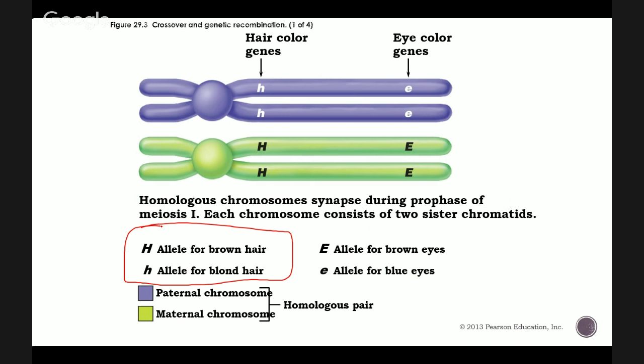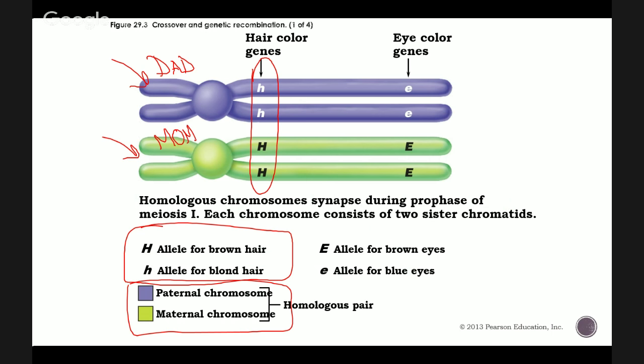But let's say that on this location, on this homologous pair of chromosomes, look at the color coding down here. So this is dad's chromosome, mom's chromosome. So on this homologous pair of chromosomes, at this location, you will find genetic coding for hair color. Now you can see on dad that we're showing two lowercase h's, which is our way of noting the blonde hair allele. You can make up whatever you want, okay?